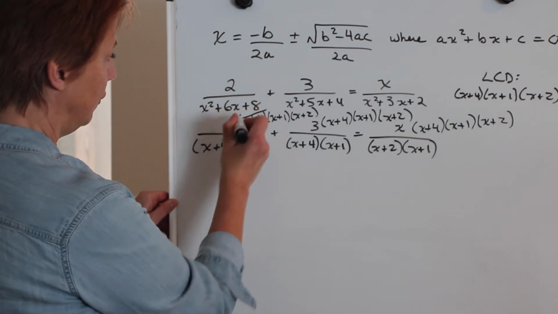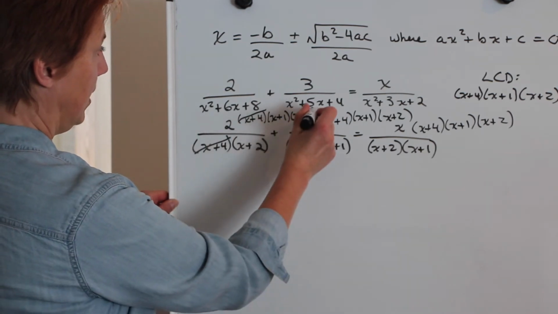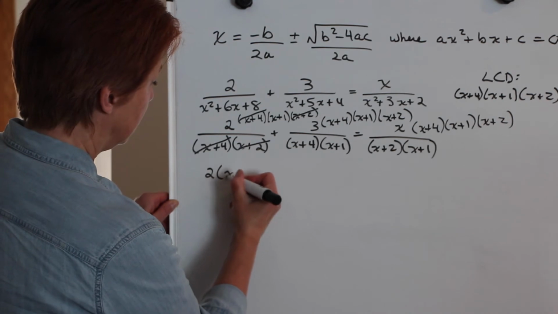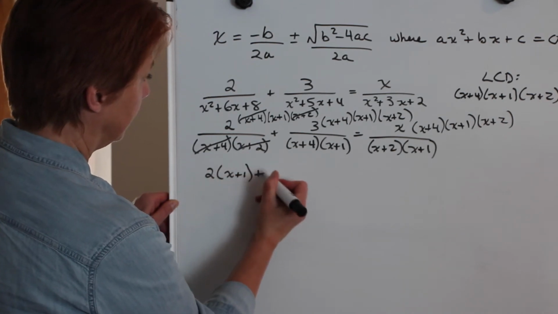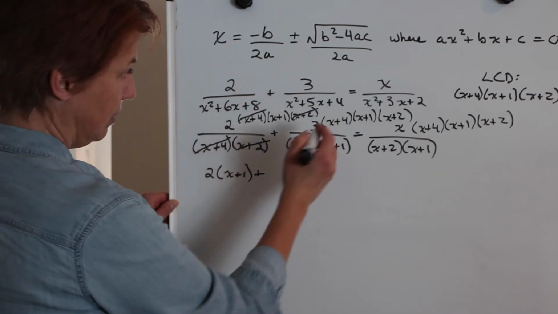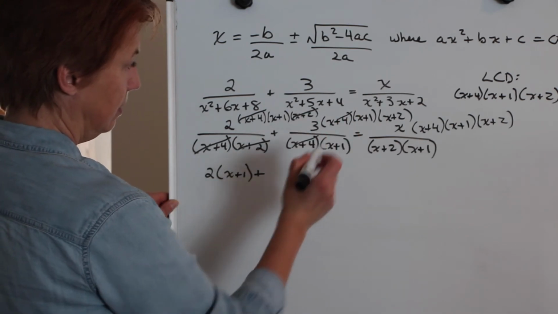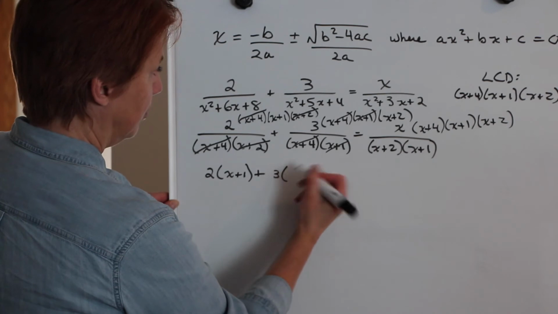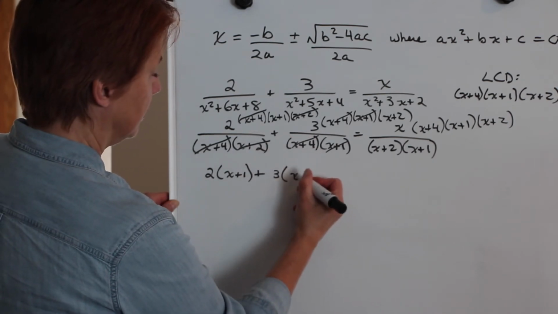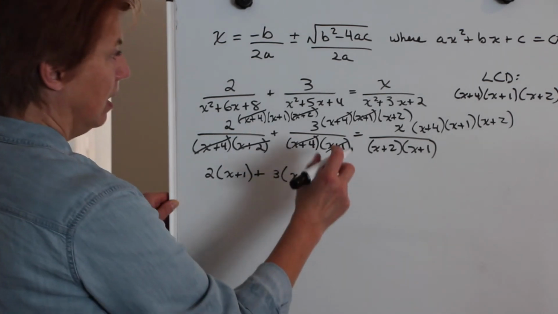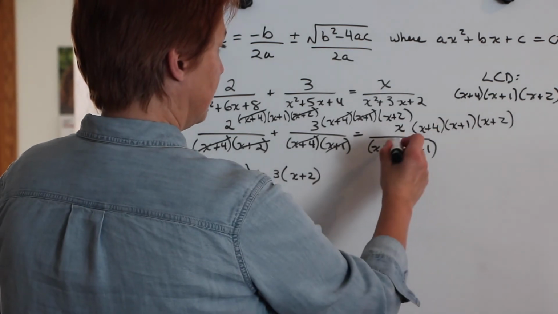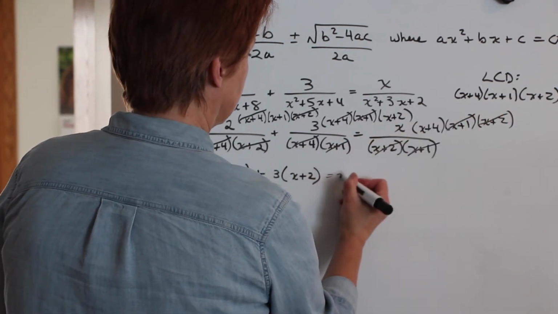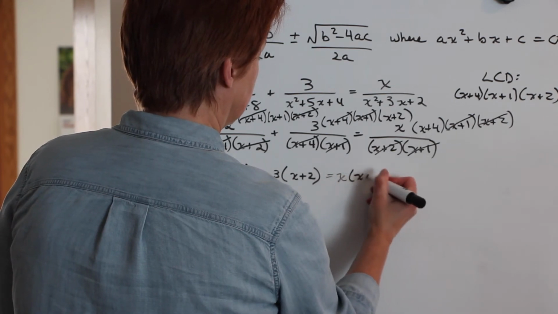So the x plus 4s go away, and what you're left with there is 2 times x plus 1. Here the x plus 4s cancel, and the x plus 1s cancel, so what you're left with is 3 times x plus 2. And here, the x plus 2's go away and the x plus 1's go away, leaving us with x times x plus 4.